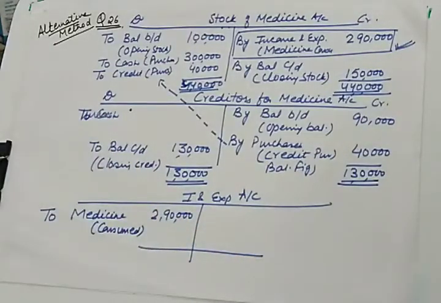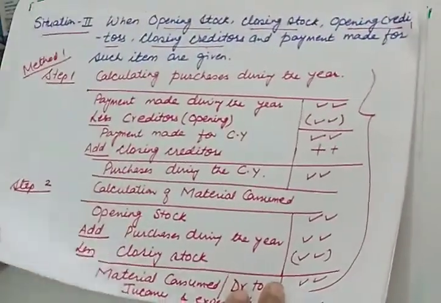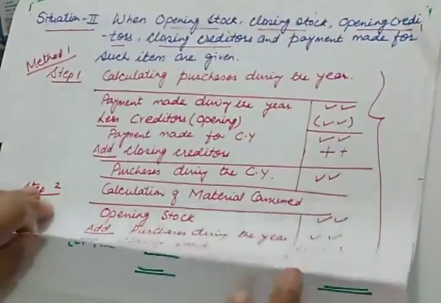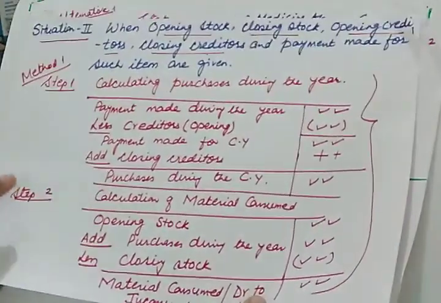So this is how it is to be done with the help of 2 different methods. We have seen how we'll be making the stock account and creditors for medicine account when 5 details are given: opening stock, closing stock, opening creditors, closing creditors, and the payment made to creditors. So we have learned 3 methods.